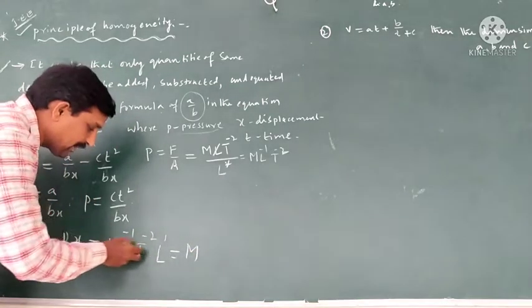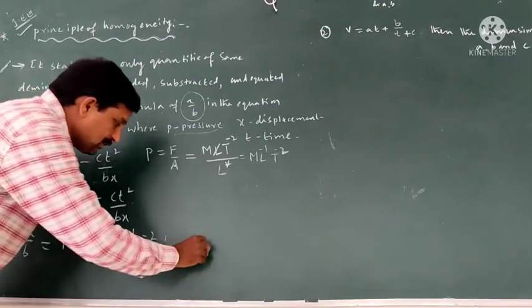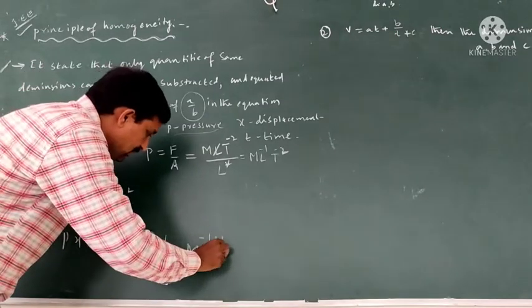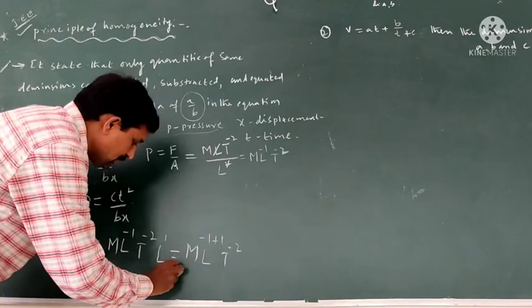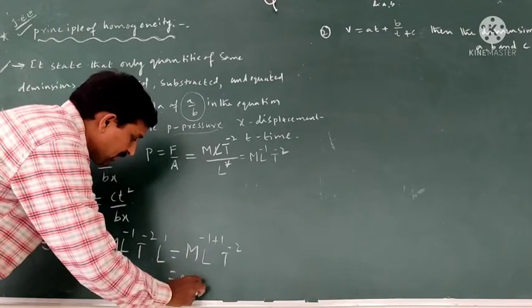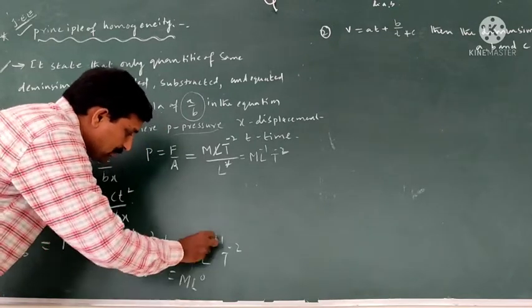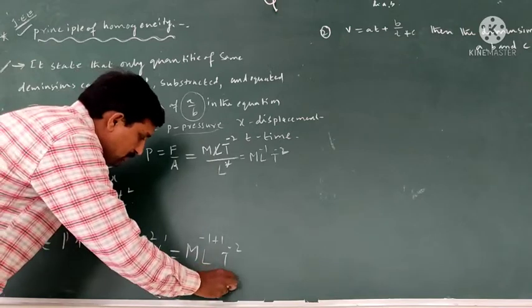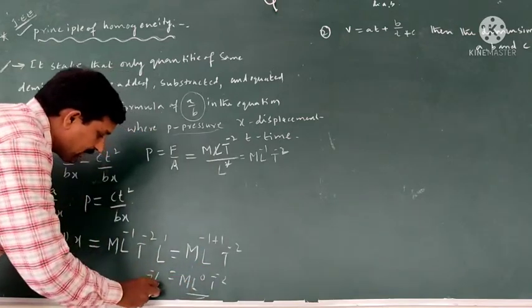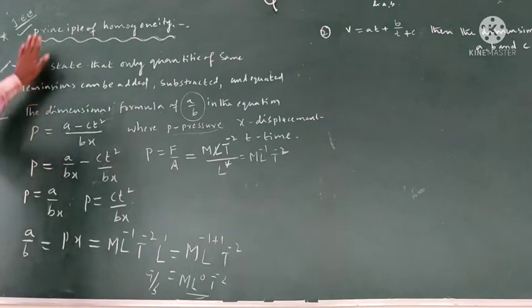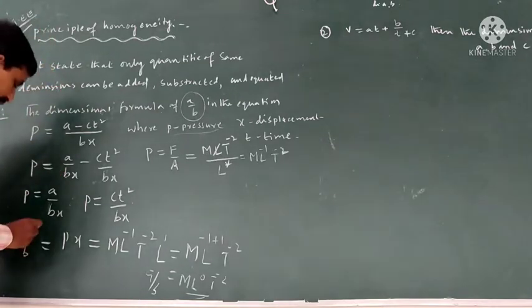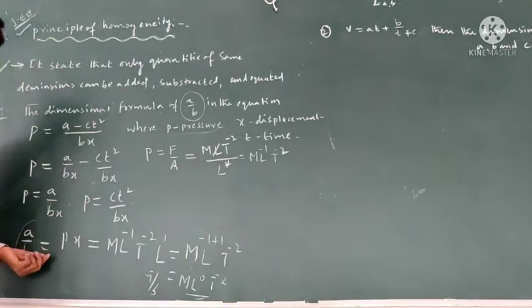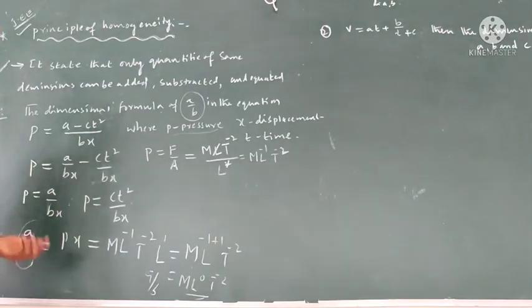If the bases are equal, we add the exponents, so L power minus 1 plus 1 and T power minus 2. That is equal to M power 1, L power 0 and T power minus 2. So this is the value of A by B. By using the principle of homogeneity, we can find the A by B value.